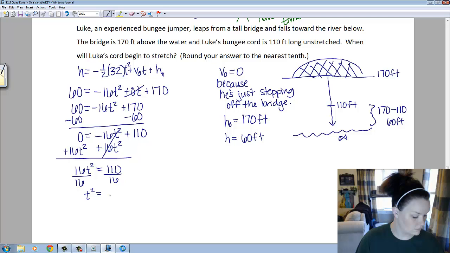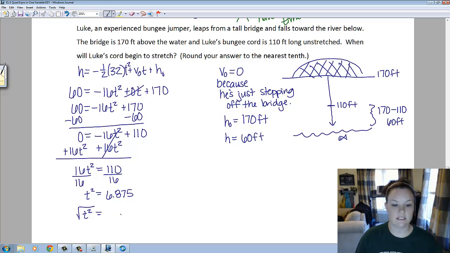If I take the square root of t squared, I have to do plus or minus the square root of 6.875, which tells me that t is equal to plus or minus 2.6. Now again, we're solving for t, which is time. So remember, time can't be negative. So I'm going to go ahead and just throw out that negative answer.